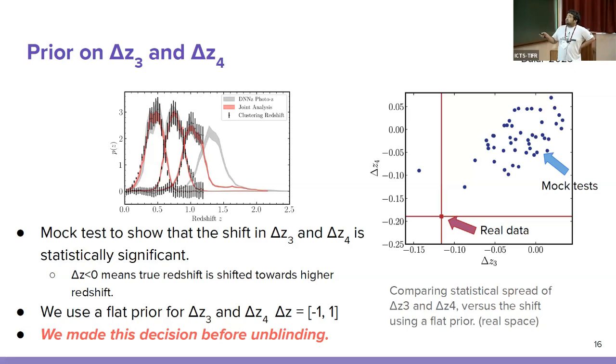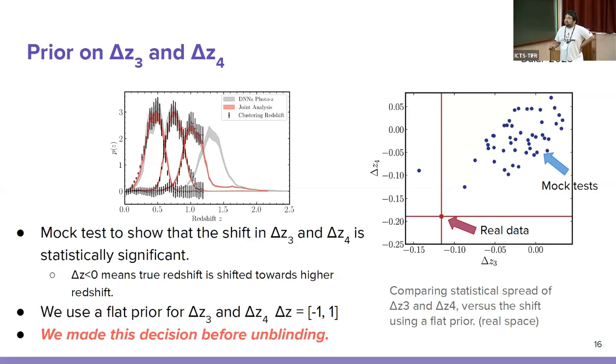As you can see, no blue points are close to the real data, so the real data strongly prefers the photo-z shift. Again, this is negative, which is kind of confusing: our definition is that if it's negative, the redshift goes to higher redshift. This result suggests that this shift can happen, and the shift is inferred by the cosmology analysis.